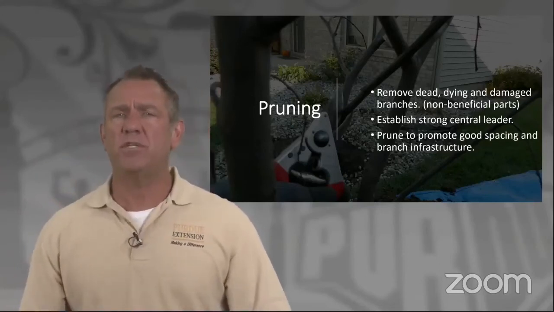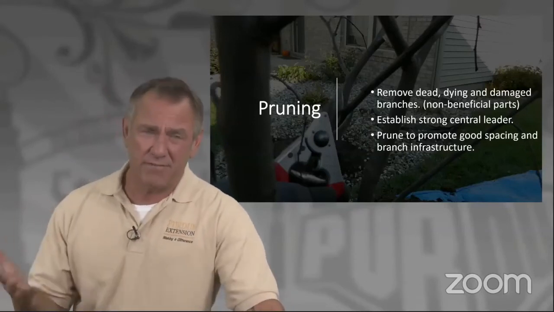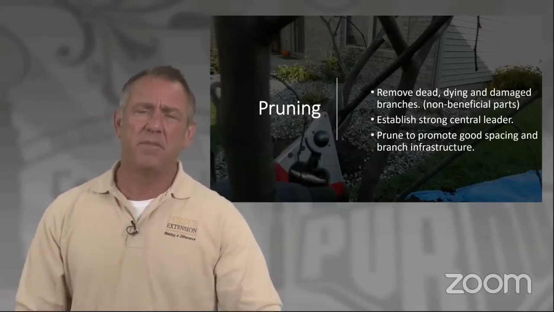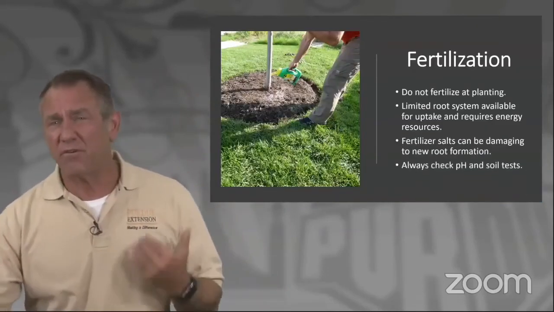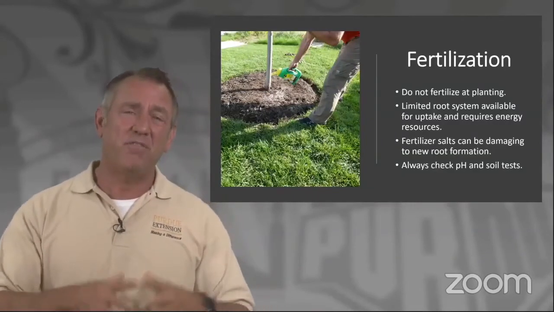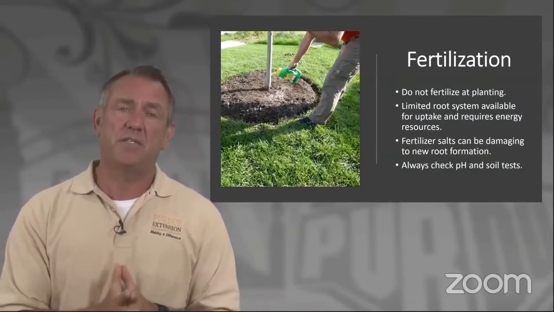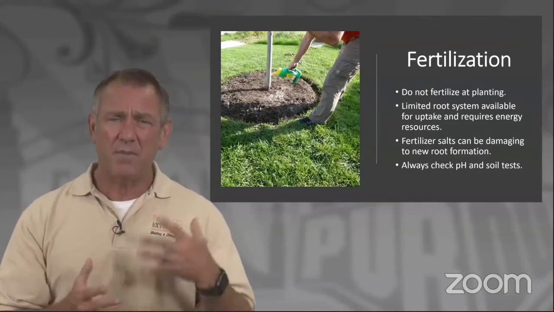Now, we may want to establish a pruning strategy for that tree over the next 7 to 10 years during establishment, but that's another topic for discussion. Now, I'd like to end on fertilization. As I mentioned earlier, don't fertilize at planting. Oftentimes the tree's been fertilized a lot during the nursery production process.